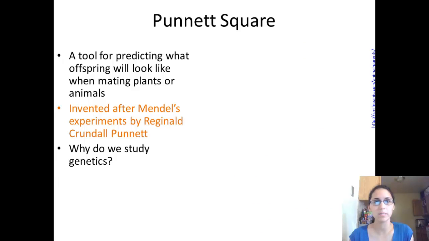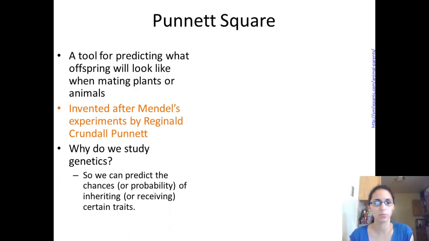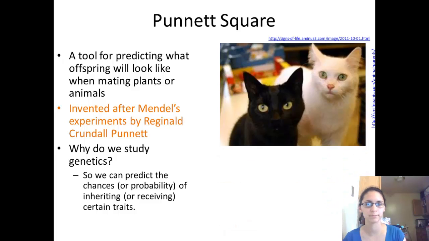So why do we study genetics? So we study genetics so we can predict the chances or the probability of inheriting or receiving certain traits. Here's some cats, a black and white cat. So have you ever wondered if a black and white cat breed, what their kittens will look like?